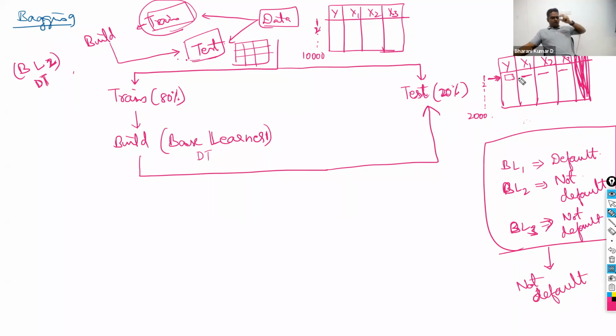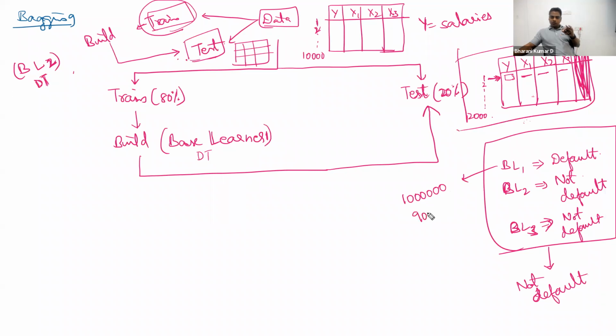Instead of this, if the output variable is salaries of people, then for base learner 1, you split the data, train the model, build your base learner 1, test it on the test data. For person 1, it might so happen that salary will be 10 lakhs per annum. Then again split the data, take the training data, train your model, test it on this test data.